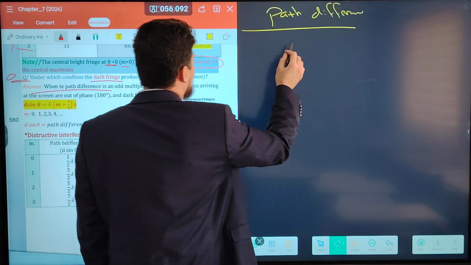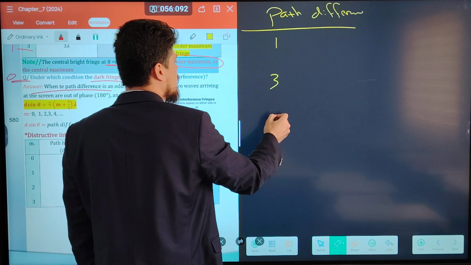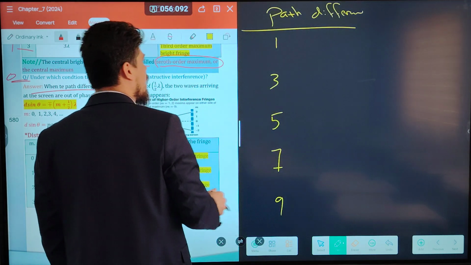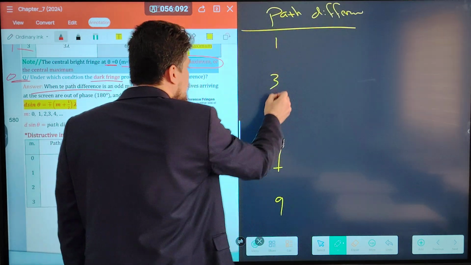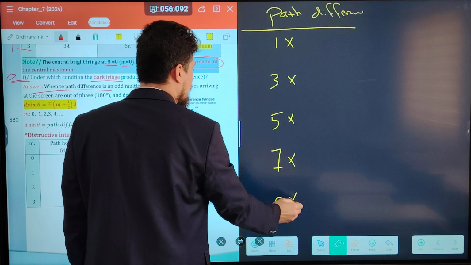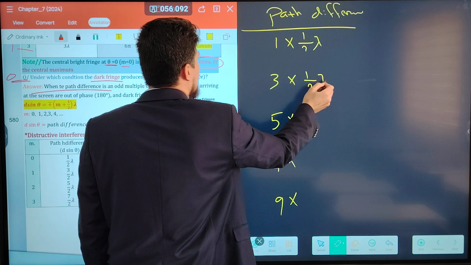But if the path difference is equal to an odd number, what do you mean by odd number? 1, 3, 5, 7, 9, and so on, okay? Odd number multiplied by what? Multiplied by half wavelength.